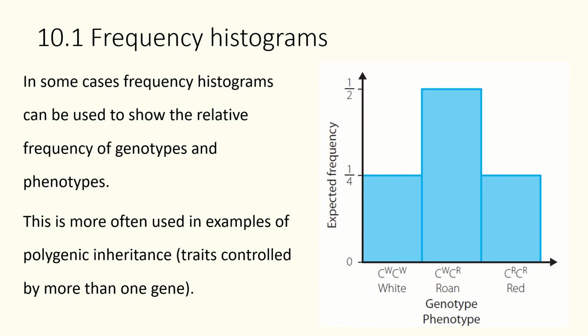We often see this represented in polygenic inheritance, because it more accurately represents the spectrum that we get with polygenic inheritance. But you may see it used as an example for monogenic inheritance.